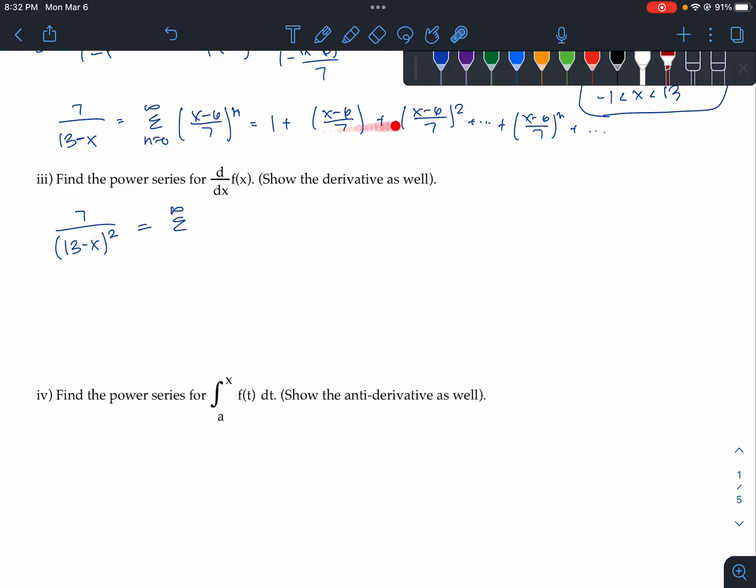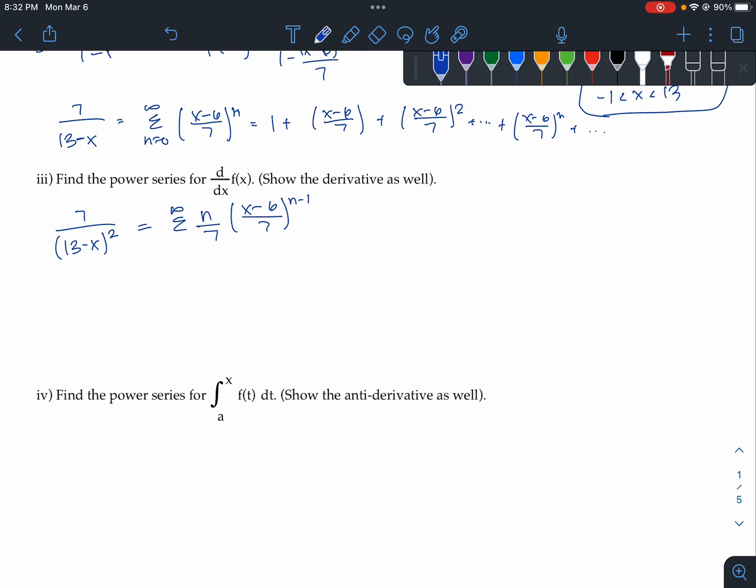So I know what's happening, I've observed the pattern, but the nth term is what I'm going to show for my series. So I'm going to drop the n, so there's going to be an n, and then I'm going to have x minus 6 over 7, and then this is going to be to the n minus 1 because I have to decrease this, and then I'm going to have to multiply by the derivative of the inside. The derivative of the inside is 1/7, so I'll just multiply that on the outside here, so 1/7.